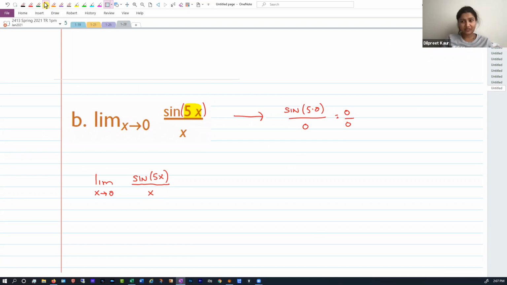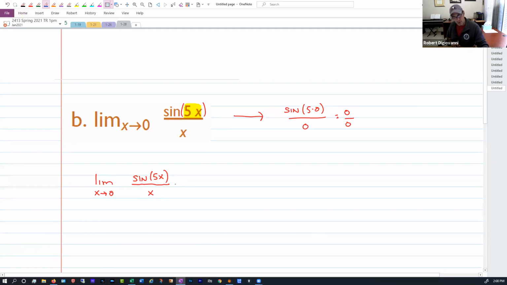Multiply both top and bottom, right? So everyone understand that Ryan really wishes that this was a 5x, and so Ryan's going to force it to happen by multiplying by 1. And the 1 is going to be a 5 over 5. Now, I know that seems weird and it seems like we're cheating, but we're not. That's a 1. Now, the next line is going to look like this.